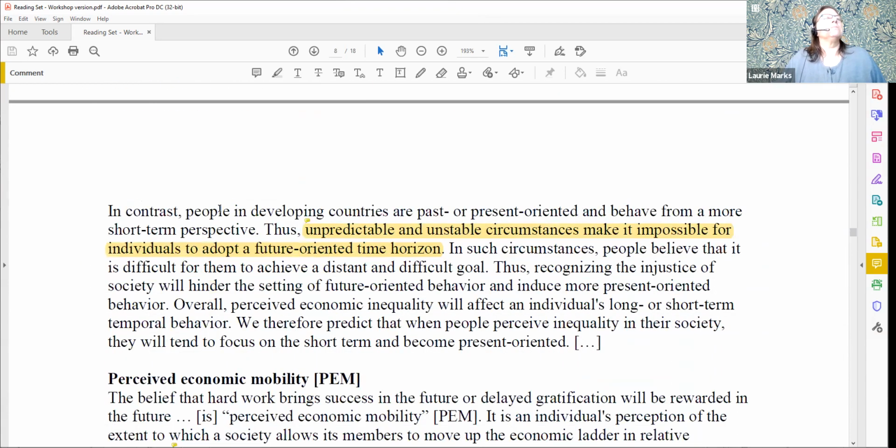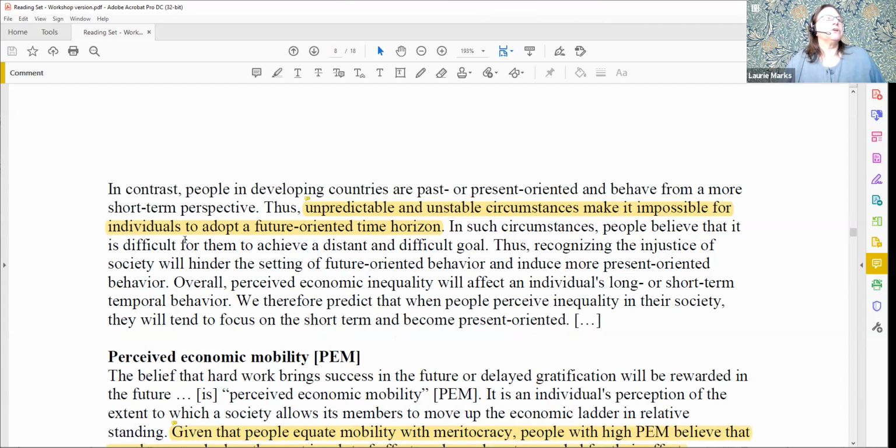And so here they're talking about people in developing countries, countries that are not yet at a state of functioning at a full economic level. People in those countries are past or present oriented and have a short-term perspective. So they're talking about people in countries, but they're making this switch and saying, okay, I can learn from this research and say that unpredictable and unstable circumstances make it impossible for individuals to adopt a future-oriented time horizon.